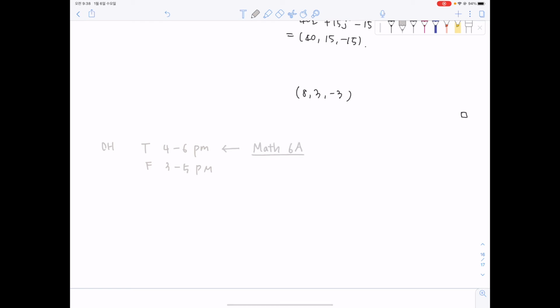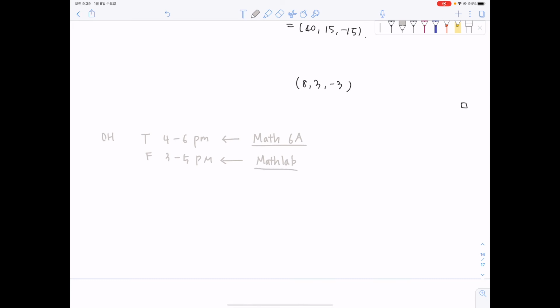It's my own office hour, and this is a math lab. You can use this one. And this Zoom link is different, so you can check it on CultureSpace. Maybe the Zoom link is in the syllabus of Math 6A.